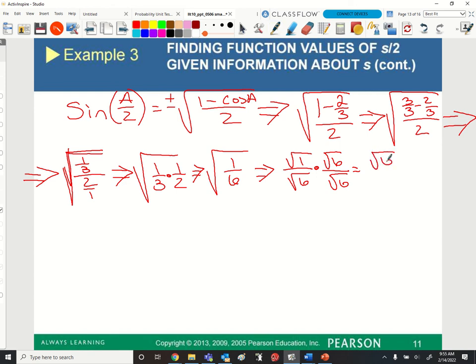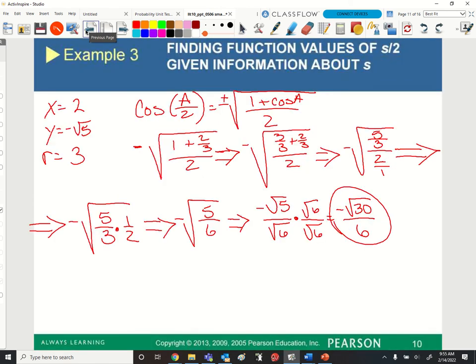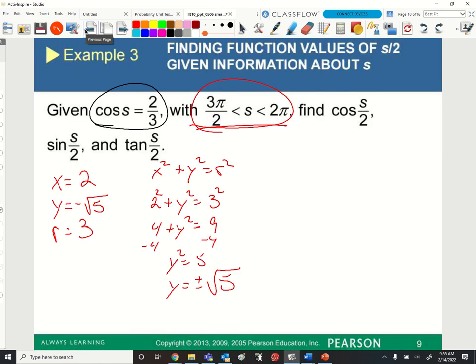So positive radical 6 over 6. That's the steps for the sine of the half angle. And now we're going to look at the tangent, I'm sorry, not the cosine. So let's see, it says right here, find cosine of the half angle, sine of the half angle, and tangent of the half angle.